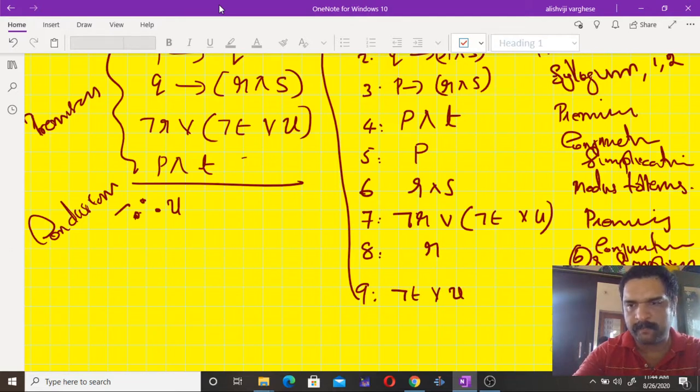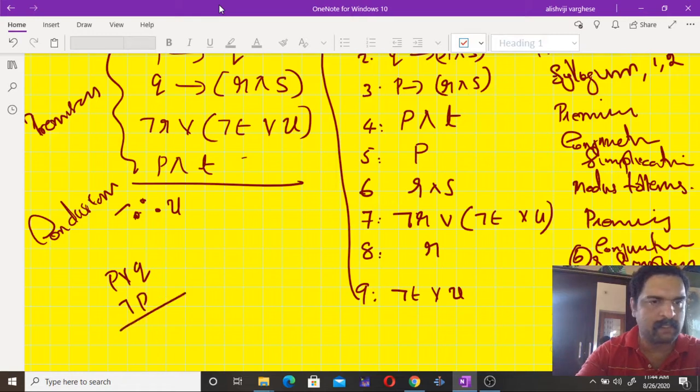This is obtained from the fact that P or Q and negation P implies Q. That is what we call the disjunctive syllogism.